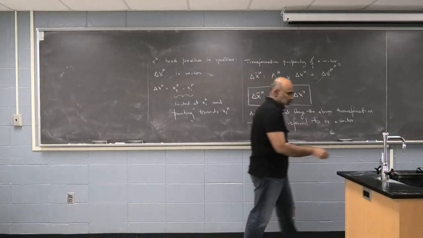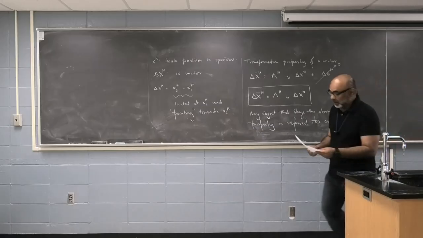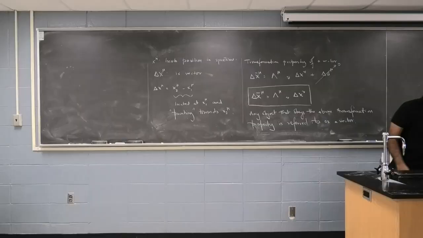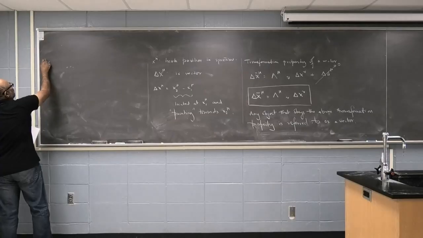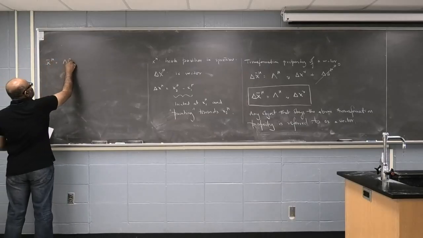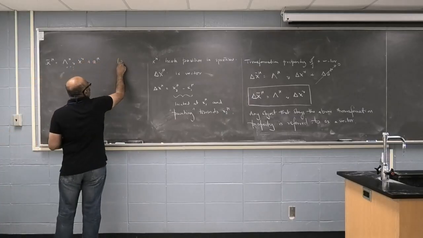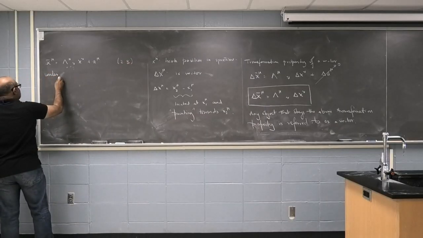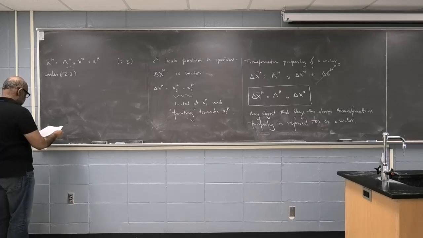Now I want to transition to the space-time metric. So let's do a simple result. Equation 2.3, which is precisely what I just erased, is x bar mu equals lambda mu nu x nu plus a mu. So this is 2.3. The problem, or I call it a theorem, under 2.3: when this is happening, what am I claiming?